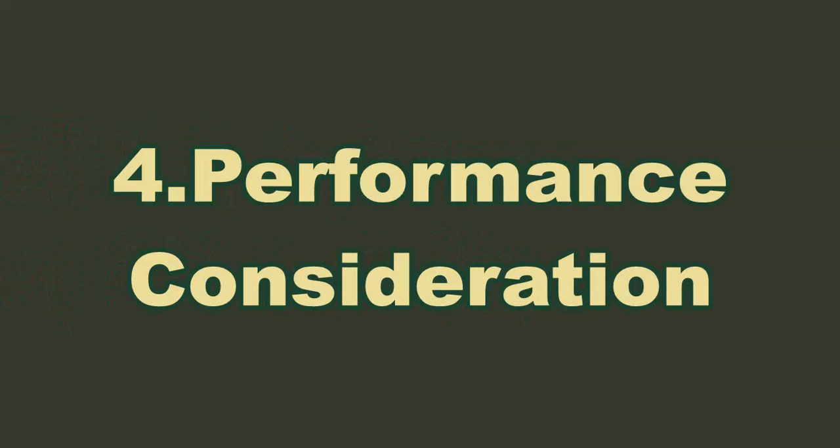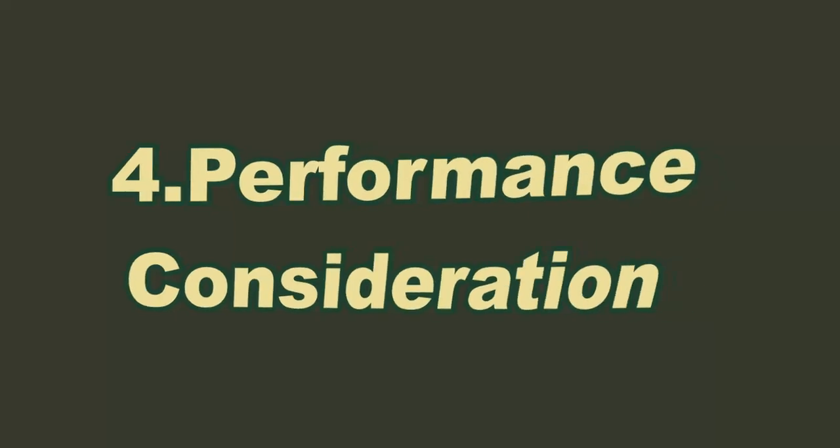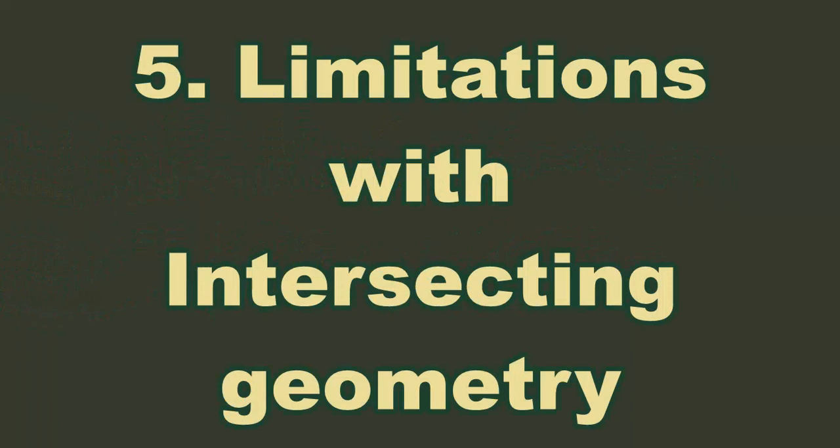Complex sweep can affect model performance in terms of computation, resources, and regeneration time. You understand? So it affects model performance in those terms. Now the fifth one, which is the last, is what we call the limitations with intersecting geometry. There is limitations when it comes to intersecting geometry.